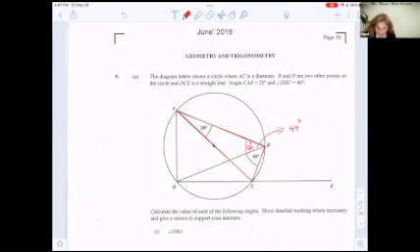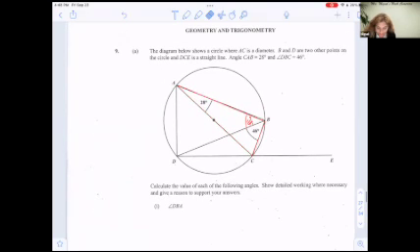Right? Now, the first part of the question asks us for DBA. So let me show you what they're looking for. So they want this angle here. And DBA is 44 degrees.